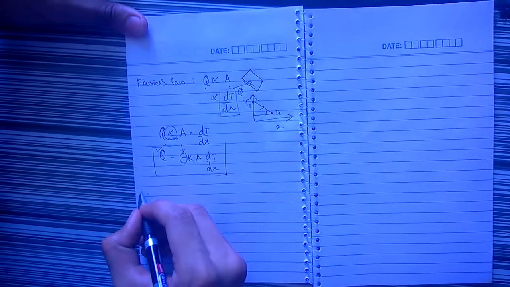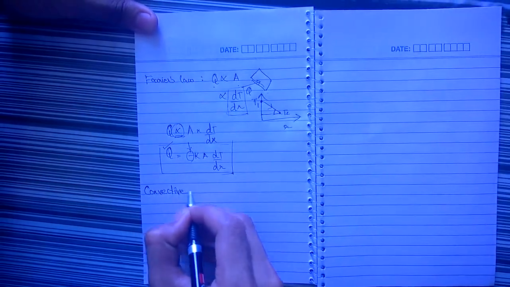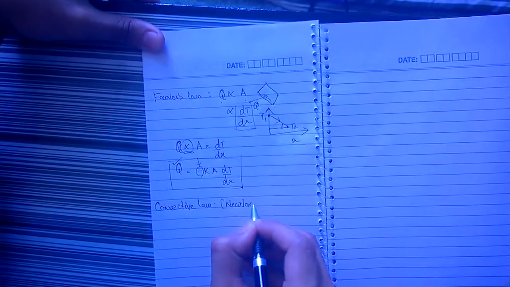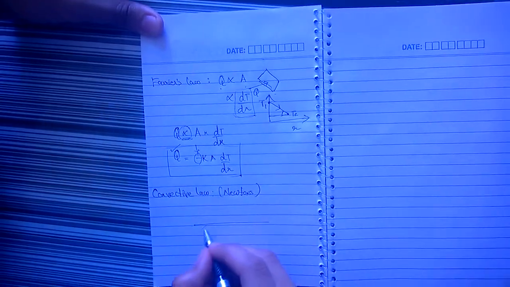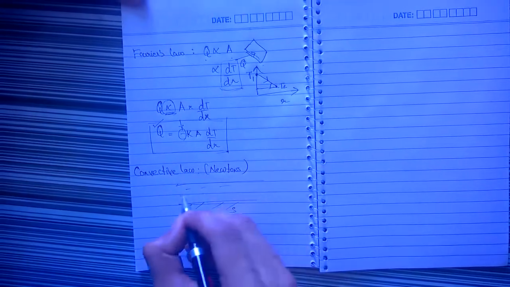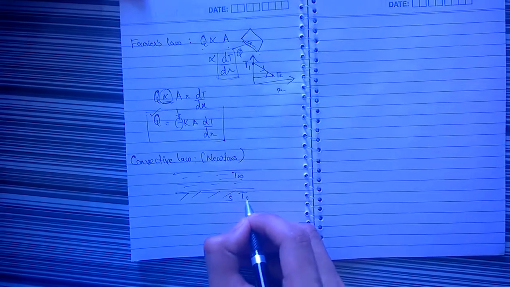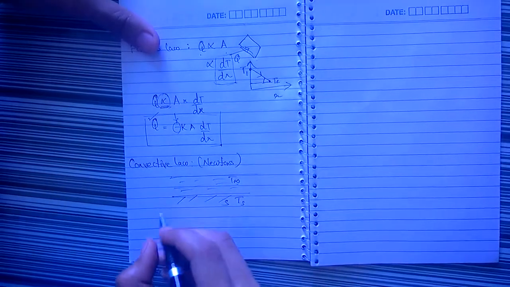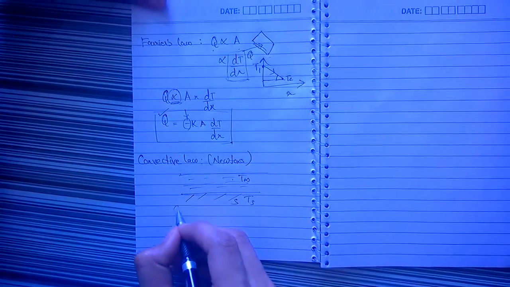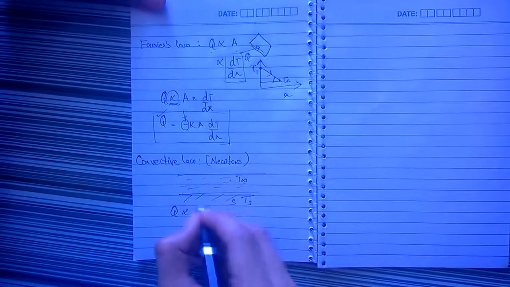Right. Now we come to the convective law, also known as Newton's law. It says that if you have a surface S here and there is a fluid which has a temperature, let us say T infinity, and the surface has temperature Ts, then the transfer of heat from the fluid to the surface, which is Q, is proportional to the area of contact between the fluid and the surface.